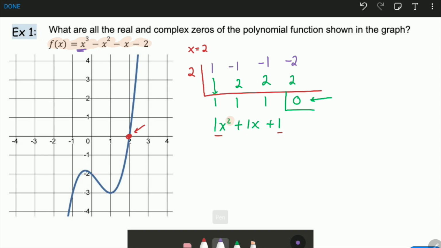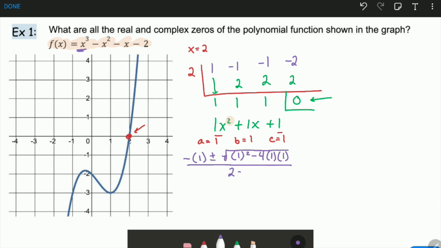So I will plug it into the quadratic formula, which is negative b plus or minus the square root of b squared minus 4ac, all over 2a, which I didn't actually put the a there. There we go. Now we need to simplify this, so we have negative 1 plus or minus.